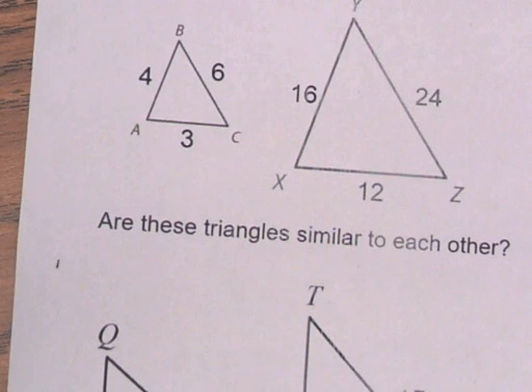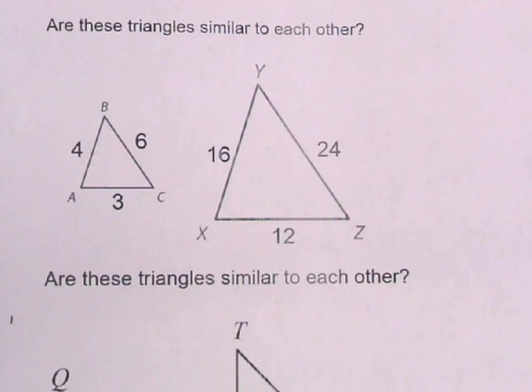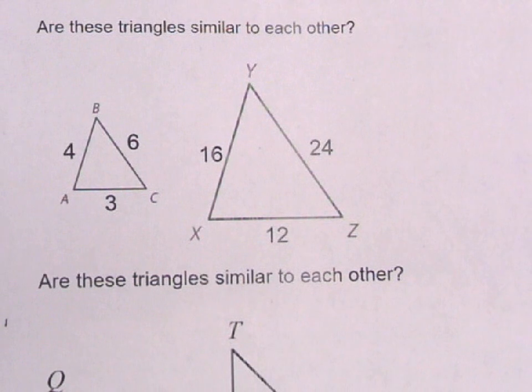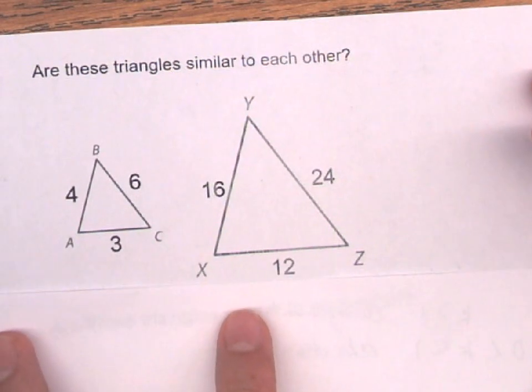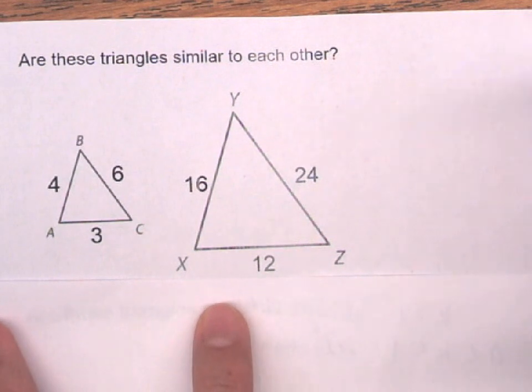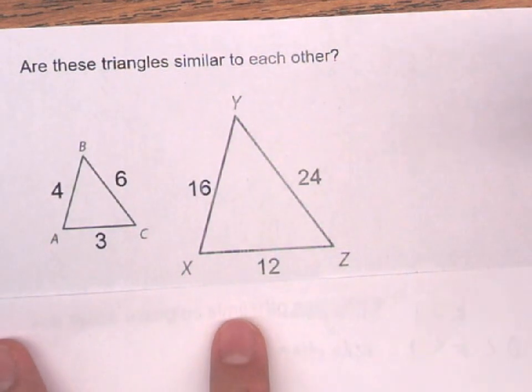So this first part here, are the triangles similar to each other? I'll just ignore the part on the bottom. So what you want to do is compare the ratios of all these sides.